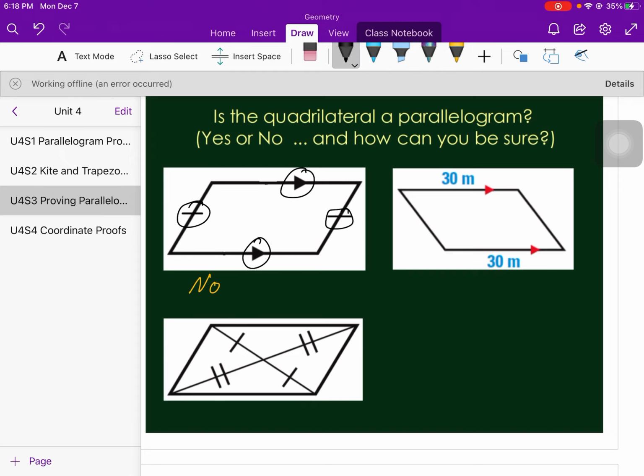This one, however, the second one, we know that they're both 30, so they're both congruent and they're parallel. Since it's the same set that is parallel and congruent, this is enough to prove it.